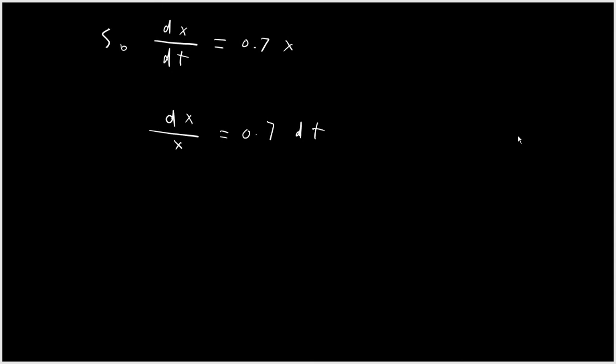To solve the equation for x, for the function, we integrate two sides of the equation. So we have the integral of the left hand side, dx over x, is equal to the integral of the right hand side, so it is 0.7, and then times dt, right?